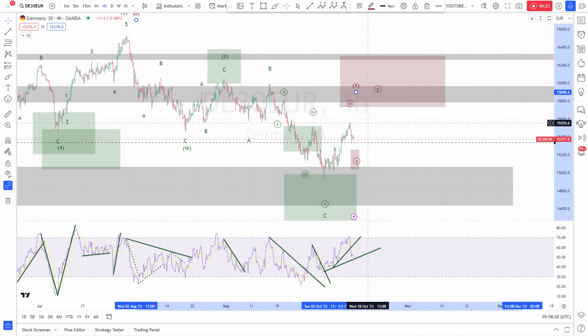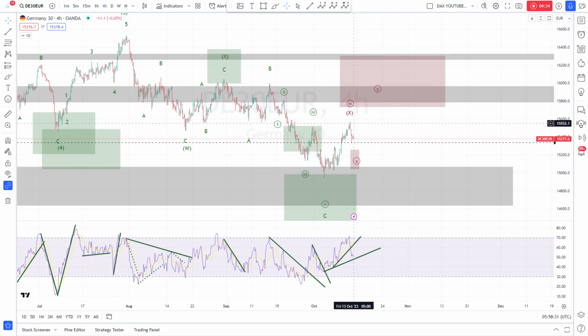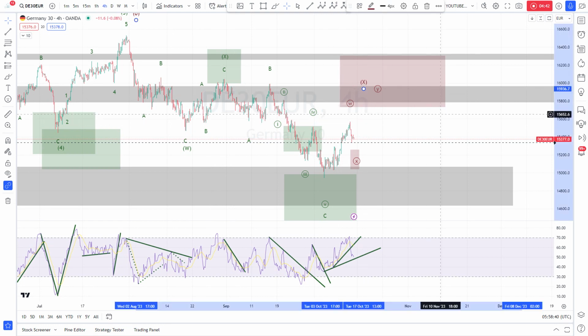Therefore, I also look at other indices. What would call for a wave X right here is that the Nasdaq is actually in a similar situation as the DAX, and the Nasdaq reached the wave X area.